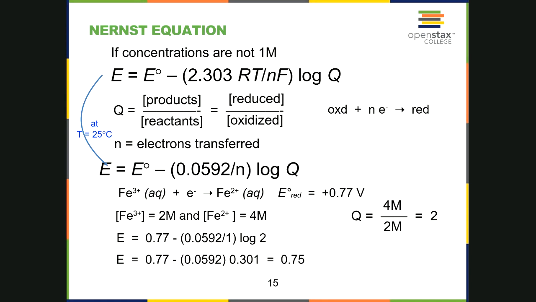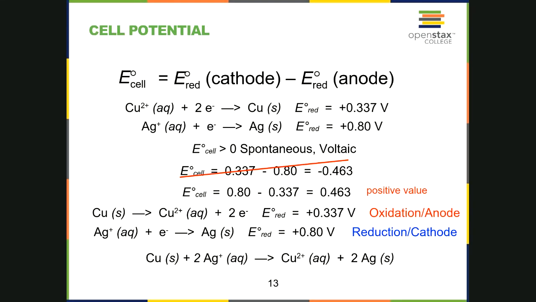Okay, so now we're going to make a change here. Up to this point, we've been doing voltaic cells. So for this cell potential here, we were looking for a situation where the result was positive.